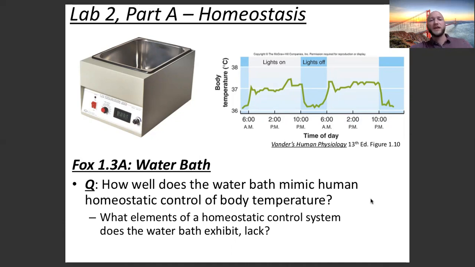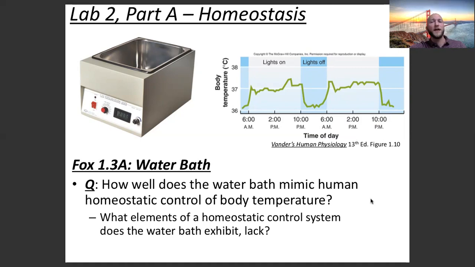If you were to take a really big rock and put it in the middle of a fire till it got super hot, and then you put that super hot rock in the water bath, it would raise the temperature of the water in the water bath. And the water bath would not be able to respond. It would not be able to cool the water back down.